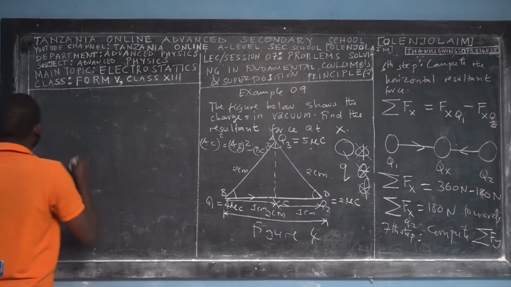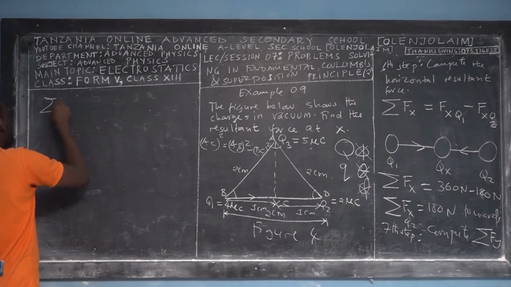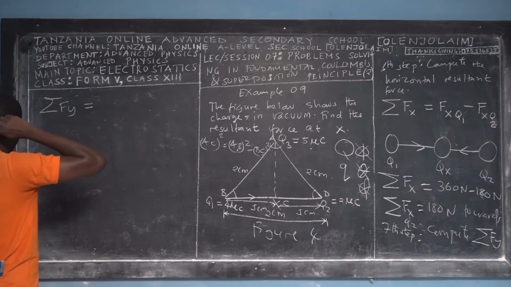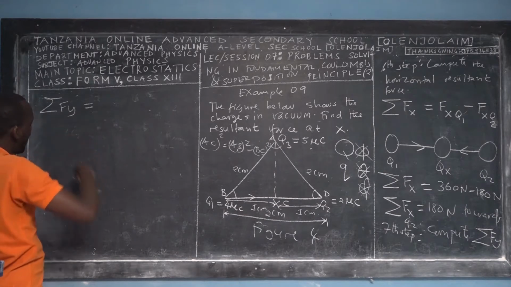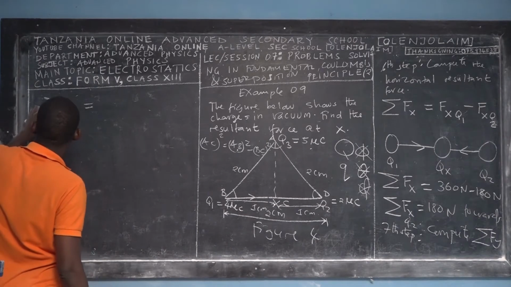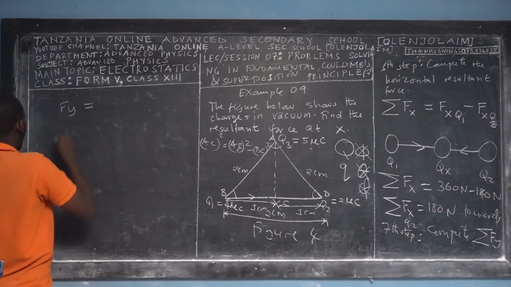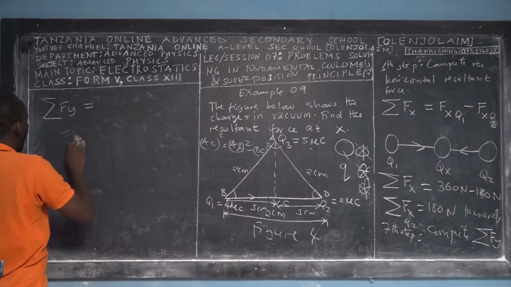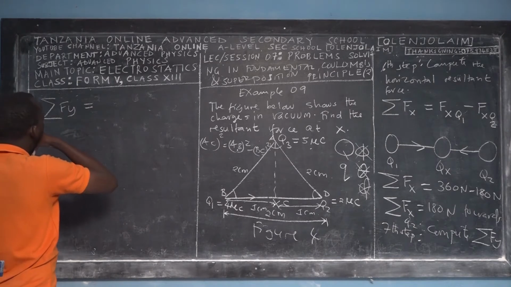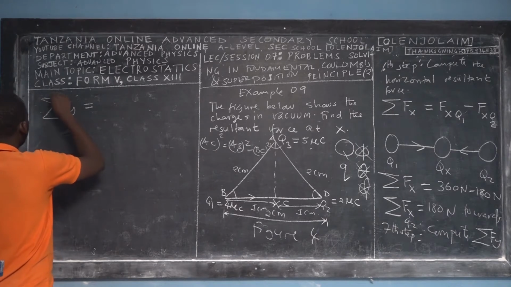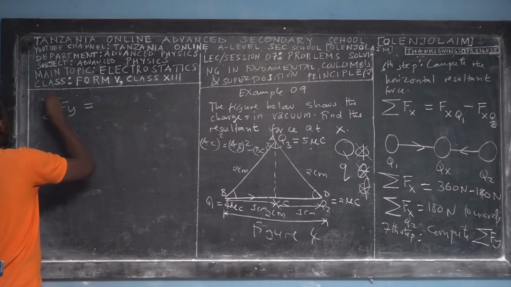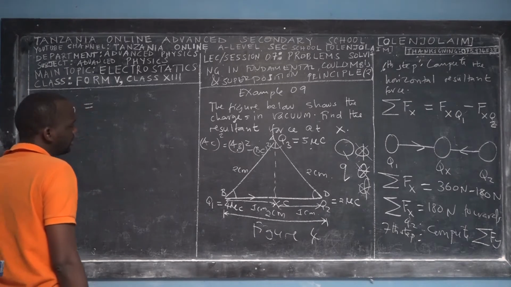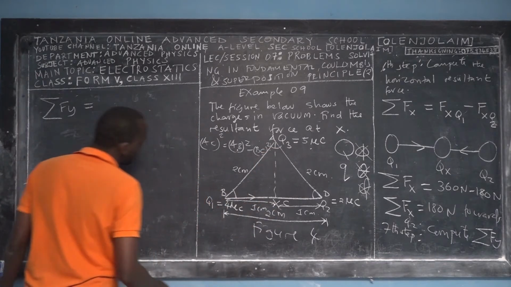Because of the problem that we have, the resultant is what? Okay, so the resultant force in vertical component is only due to Q3.